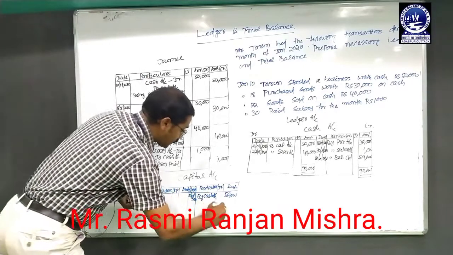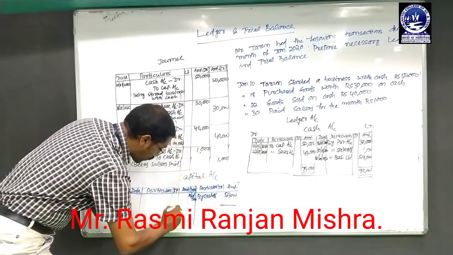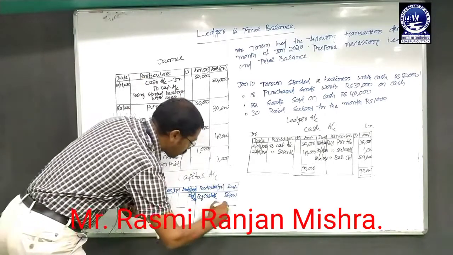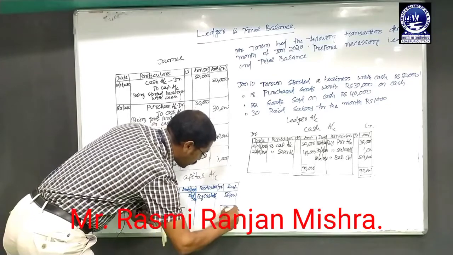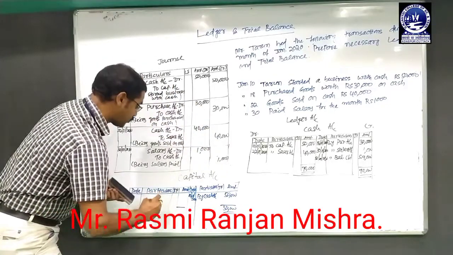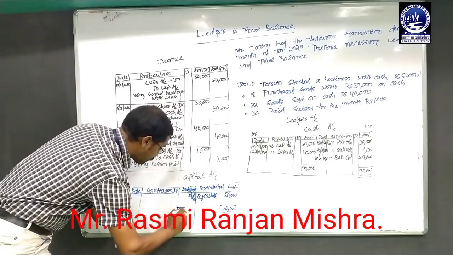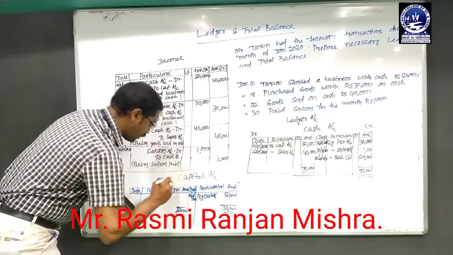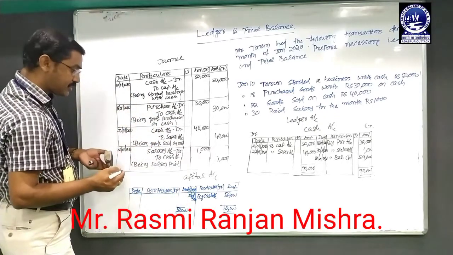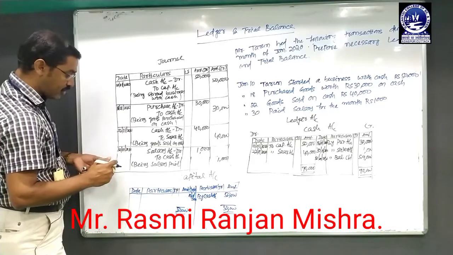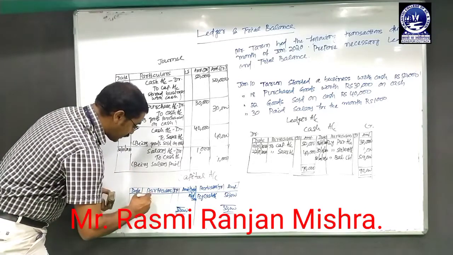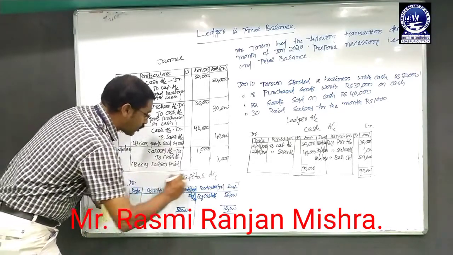So accordingly, the same procedure: put the amount on two sides. The higher amount is 50,000, that is put on debit side as well as credit side. Then find the difference, which is 50,000, and put that difference on the lesser side, and the lesser side is the debit side, or left hand side.